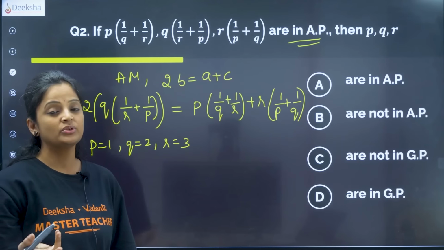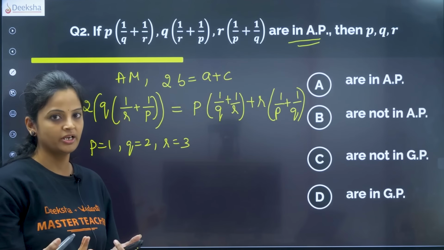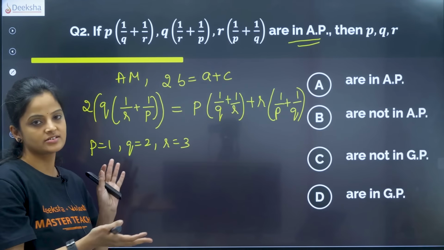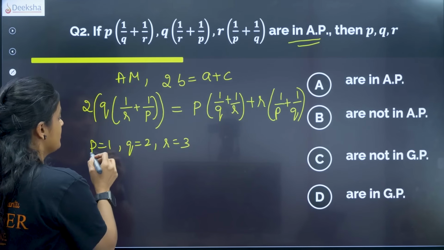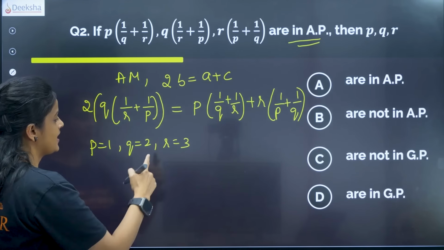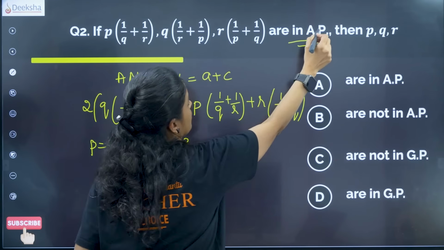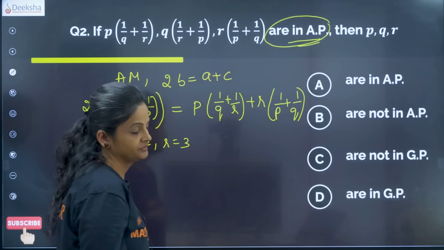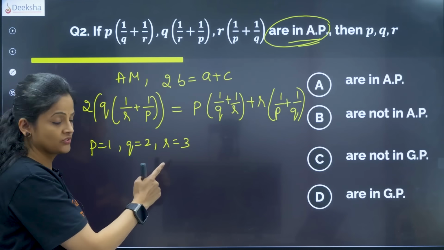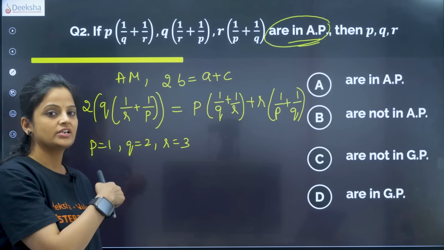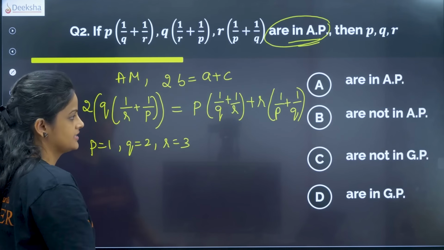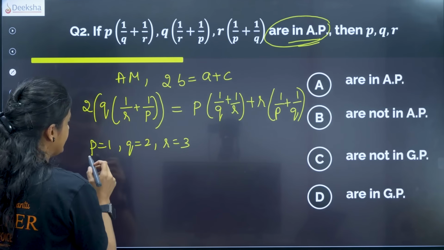Some random numbers which are easy for us to calculate, you pick. So I think this is the easiest way to get the answer. P as 1, Q as 2 and R as 3, substitute on both sides. I have already considered the AP condition. If these values satisfy LHS and RHS, then I can say that it is also in AP.